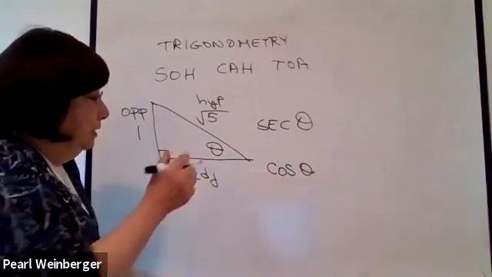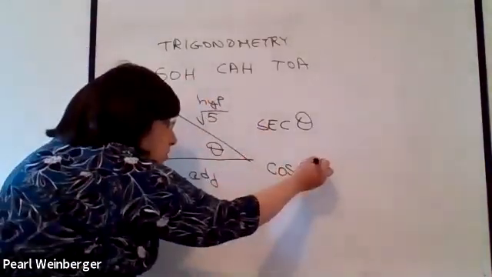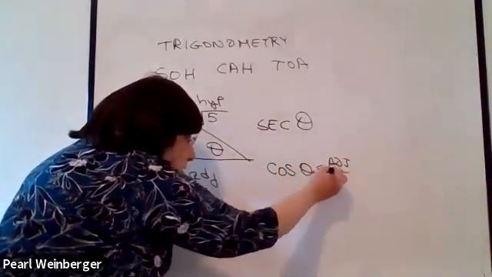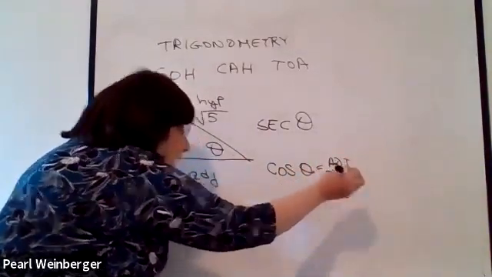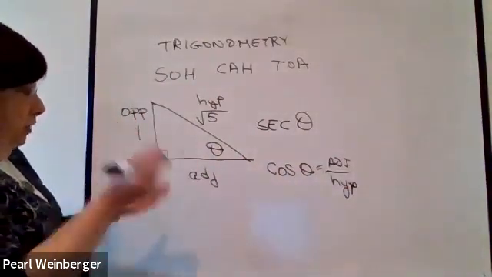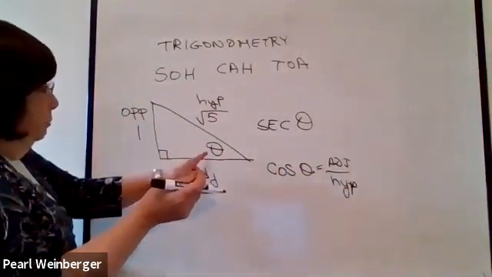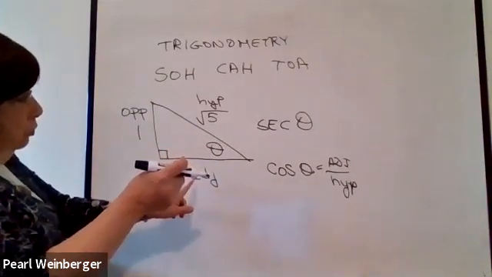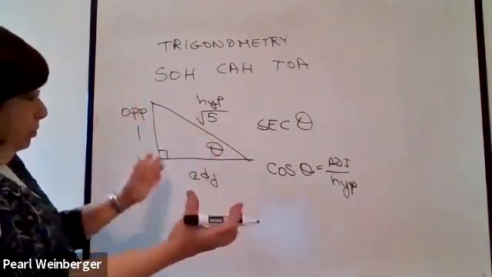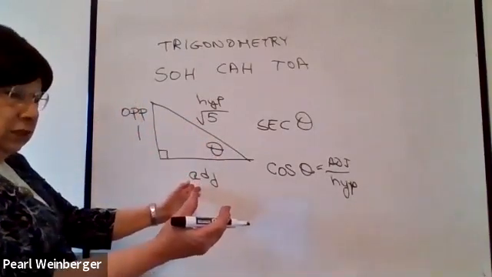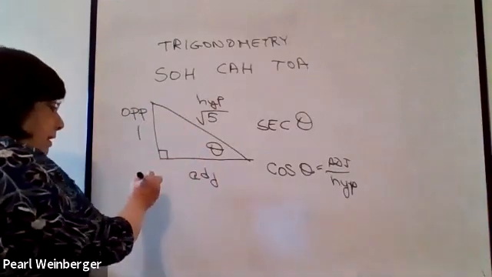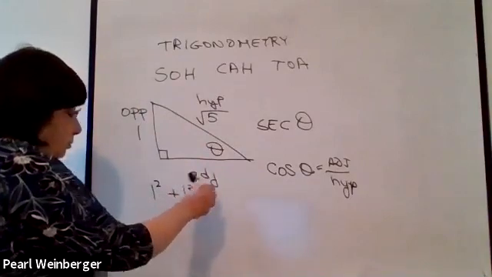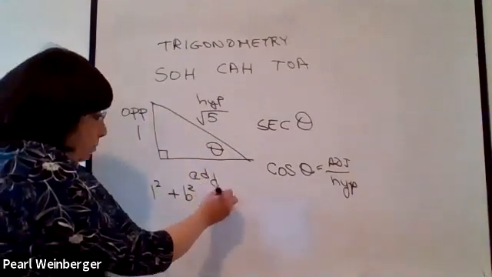Okay, now let's go to this. The cosine is the adjacent over the hypotenuse. So let's see what we have. Do we have the adjacent side? No, we're missing it. So the first thing we have to do before I go any further is figure out what is the adjacent side. So I do my a squared, 1 squared, plus my b squared, this one's the one I don't know, equal my c squared.